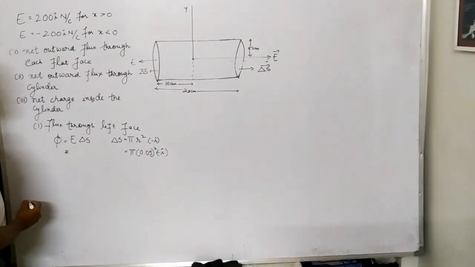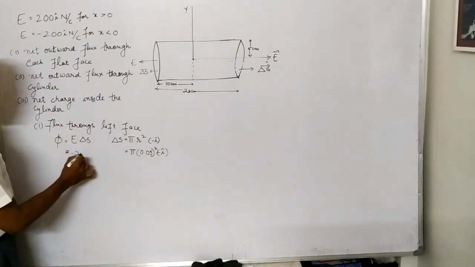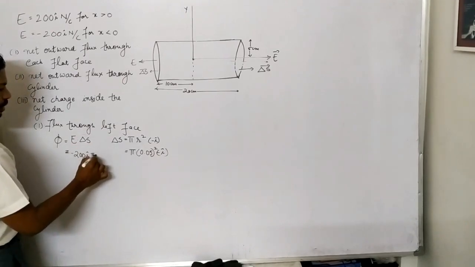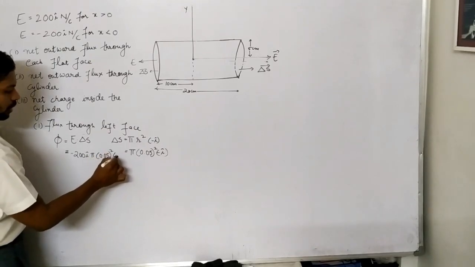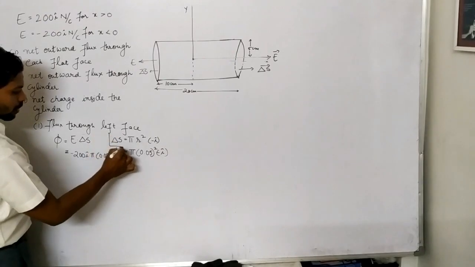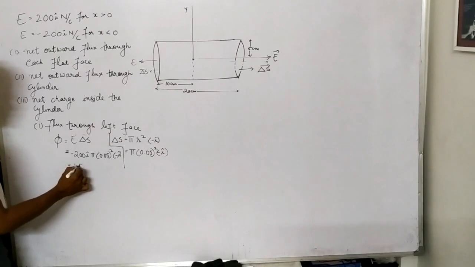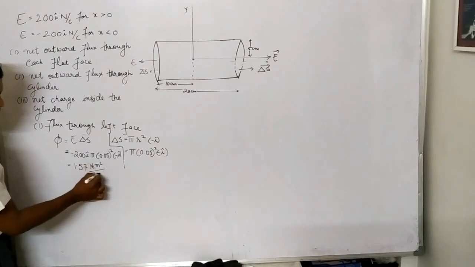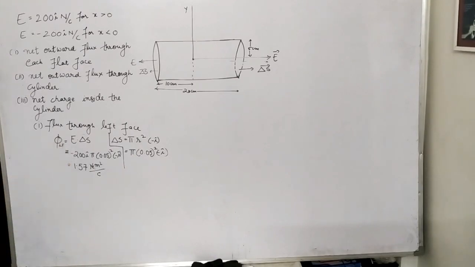E value is given 200 I, here it is minus 200 I. So you can write minus 200 I cap, and delta S is pi 0.05 whole square minus I cap. Right. So on solving this, you would get somewhere around 1.57 Newton meter square per Coulomb. So this is the flux through the left face.